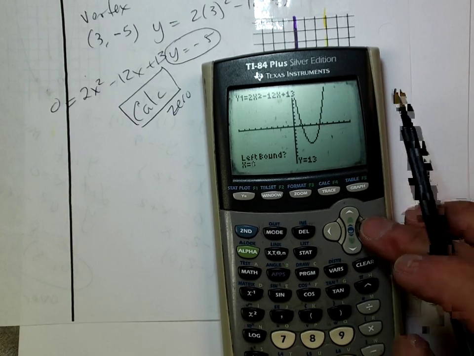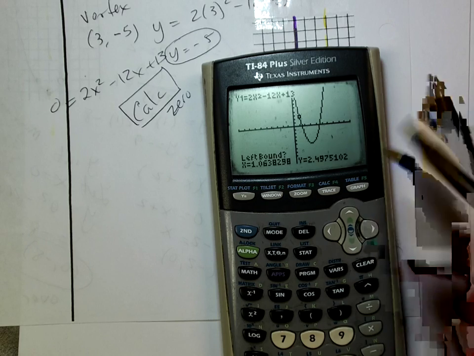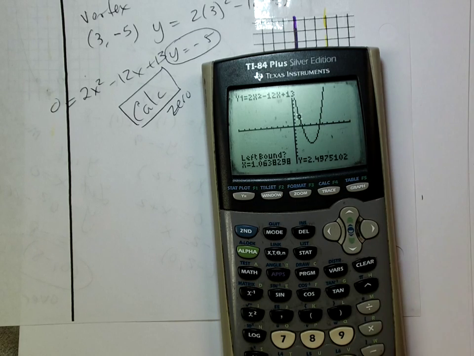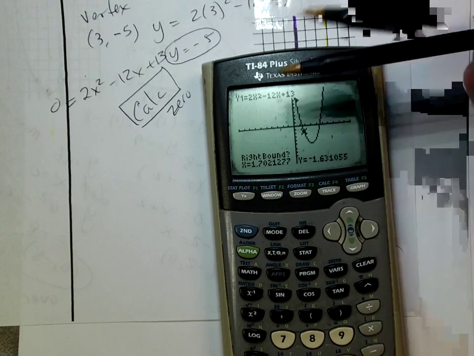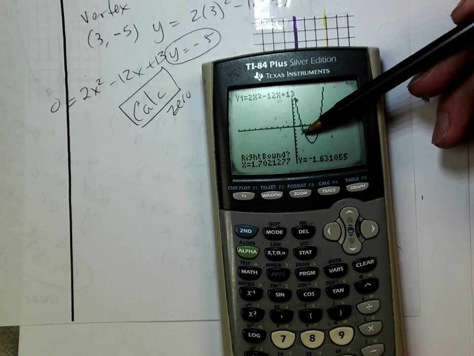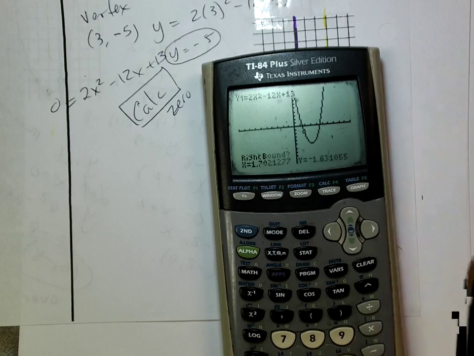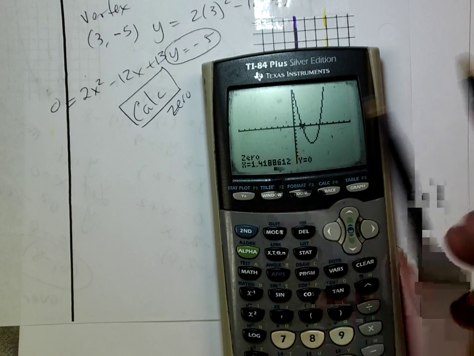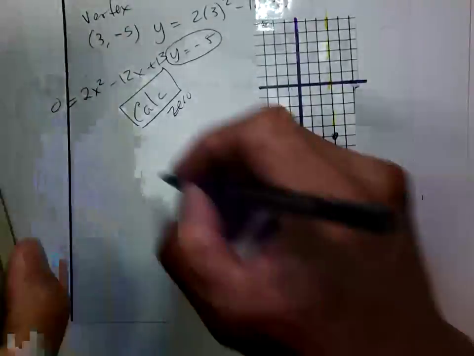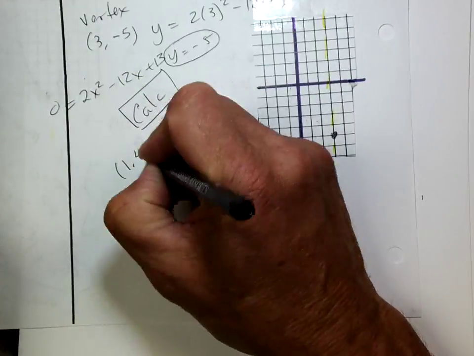So when I take the cursor, I'm going to have it above my zero. I'm going to lock it in there. Enter. Bring it down below it. Even though it says right bound, it would have to be below it because I've got the left of it. Right. Enter. Enter. So what do you know? 1.418, or how about 1.4? So one of my zeros is about 1.4, 0.